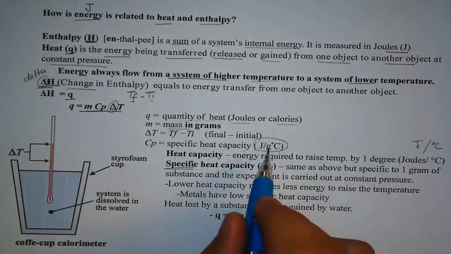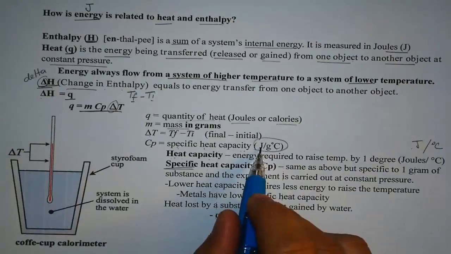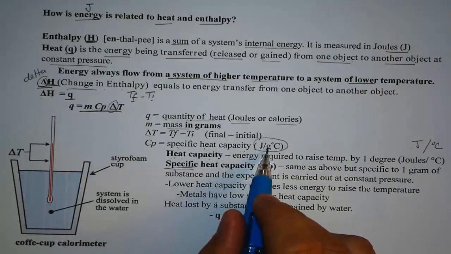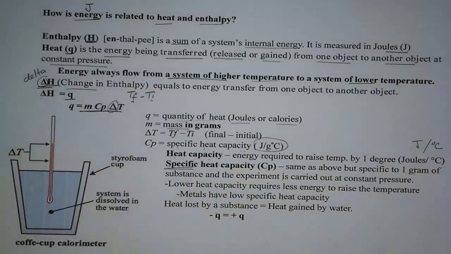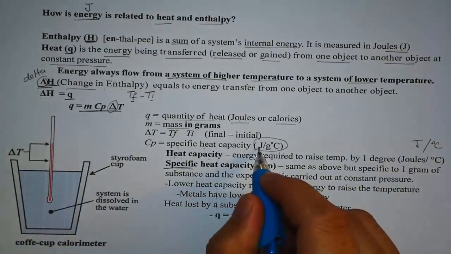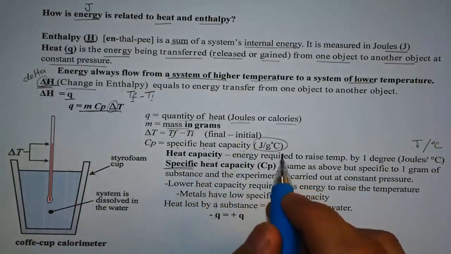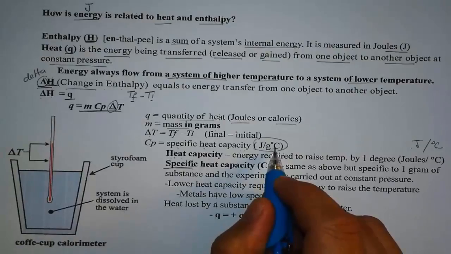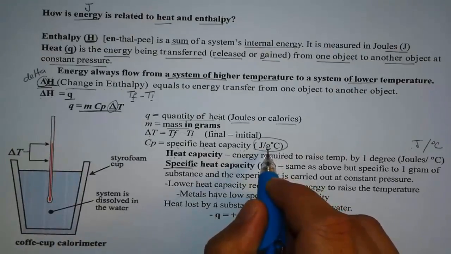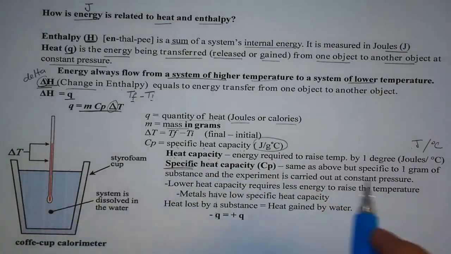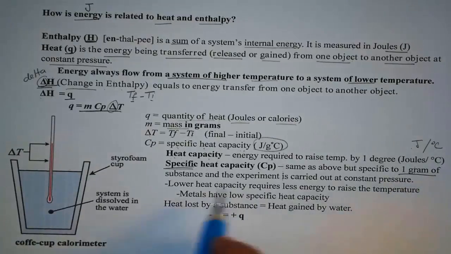If we look at the unit of specific heat capacity, we have energy, right? And it's being divided by gram and Celsius. Basically saying that different objects have different heat capacity. That's because it requires a different amount of energy to raise 1 degree Celsius for that 1 gram. So keep that in mind, it is per 1 gram of the substance. That's very important. So that's specific heat capacity.